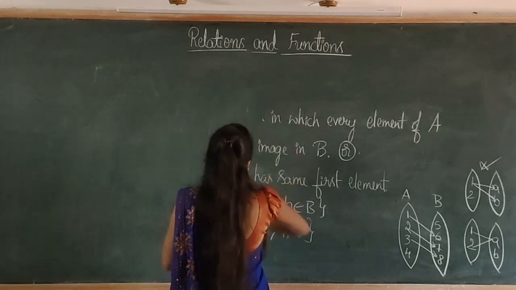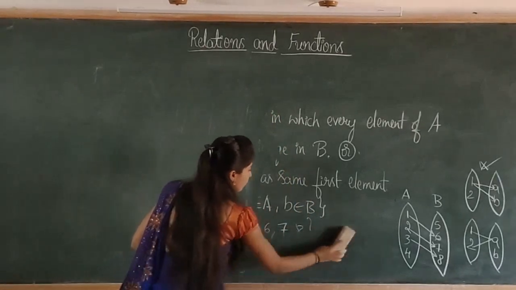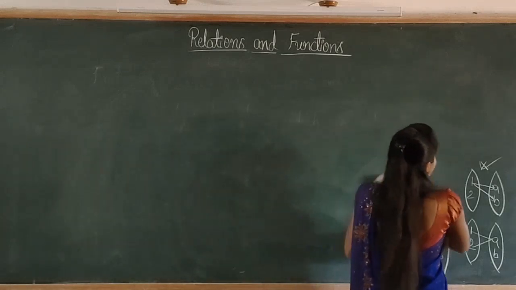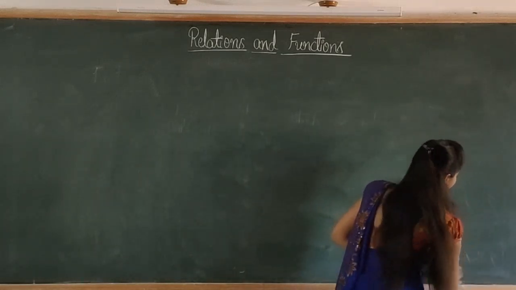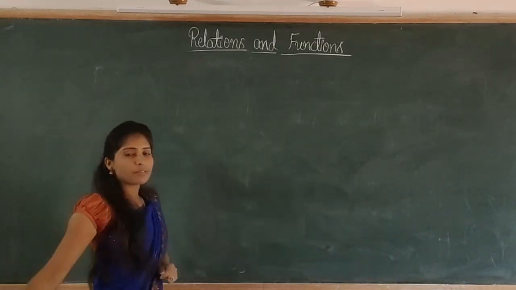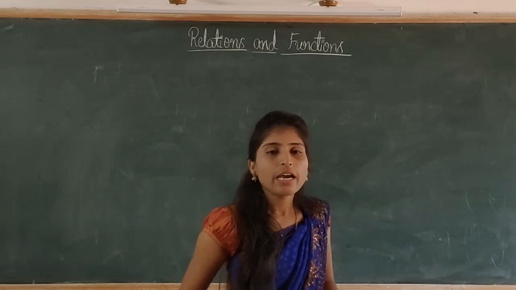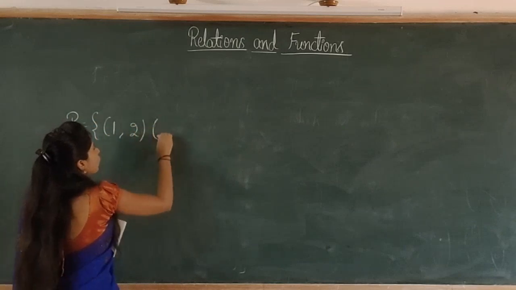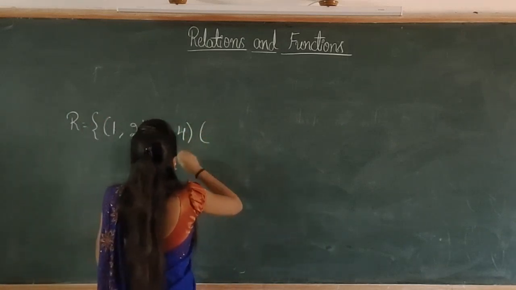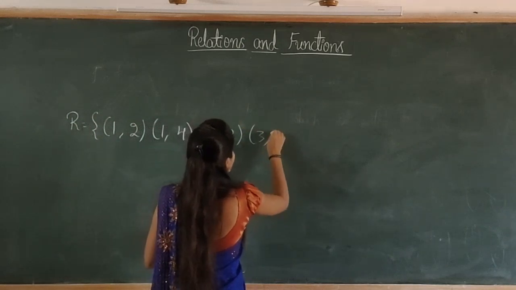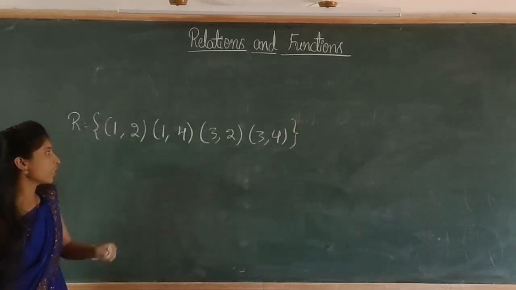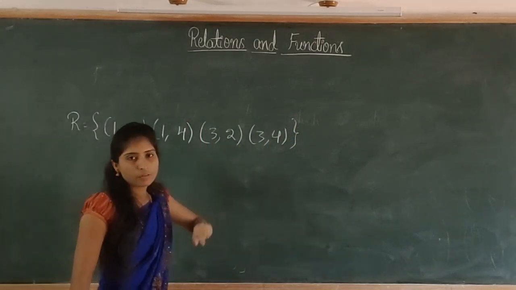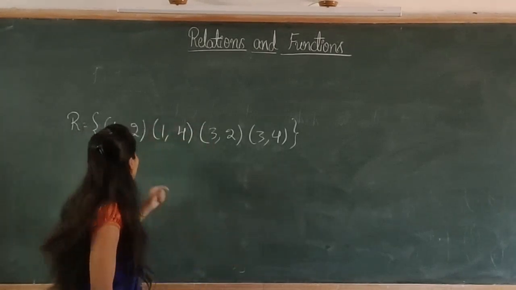Now tell me, what is the difference between function and relation? We have studied Cartesian product, relation and functions, right? Then what is the difference between relation and function? In a relation we can see ordered pairs like (1, 2), (1, 4), then (3, 2), (3, 4). In a relation, two ordered pairs can have the same first element.